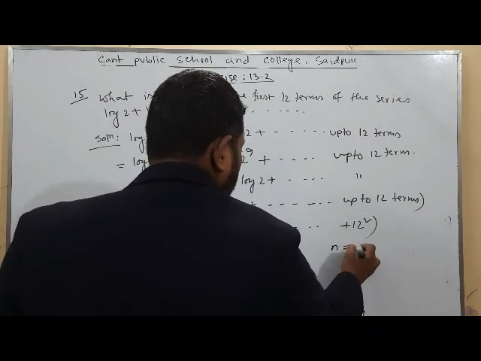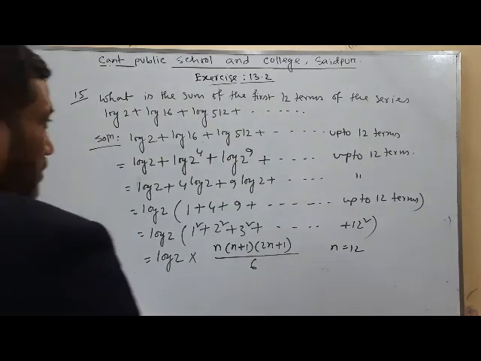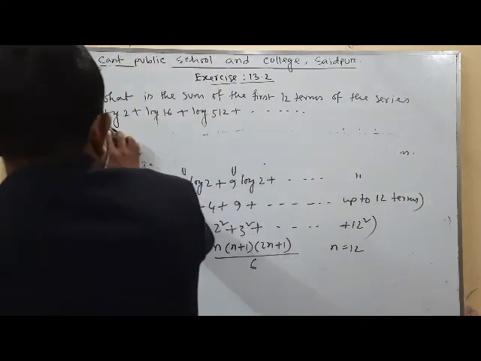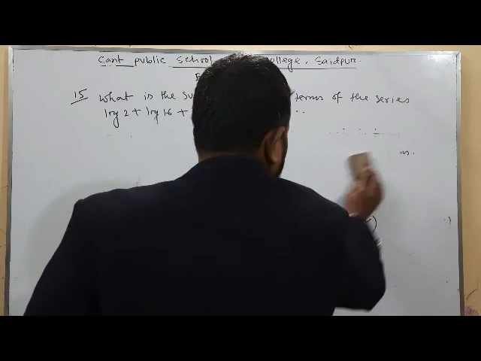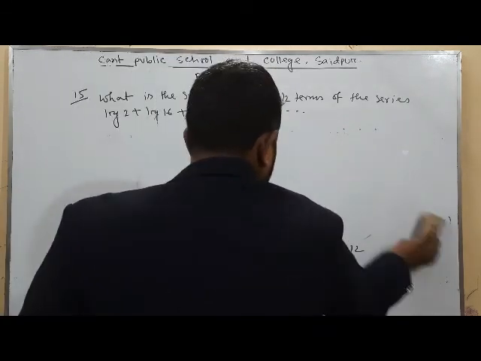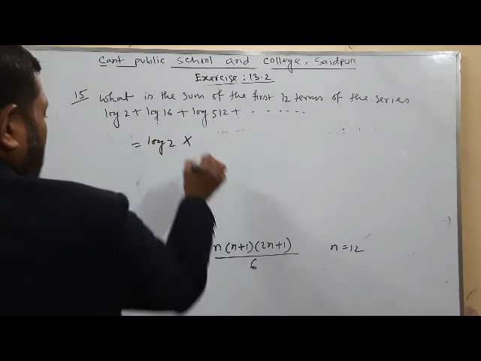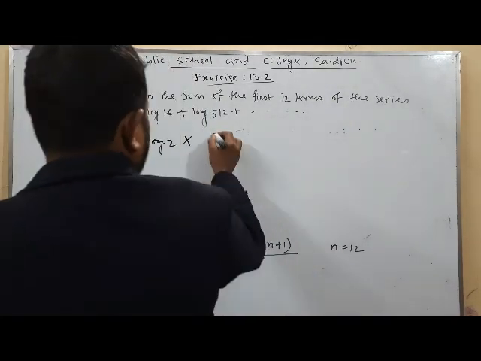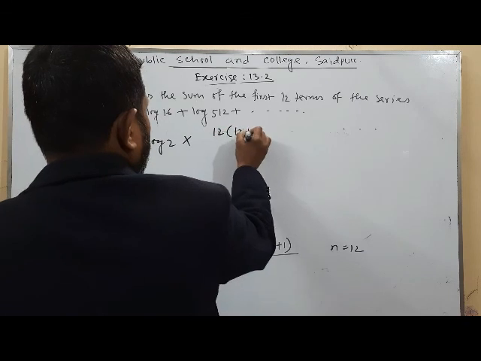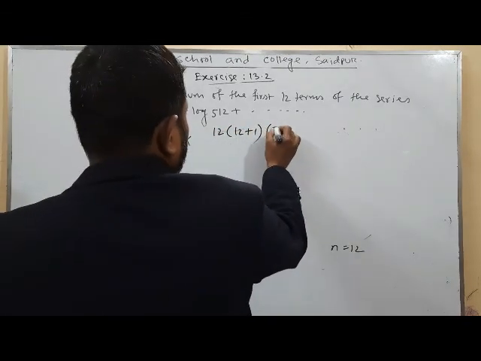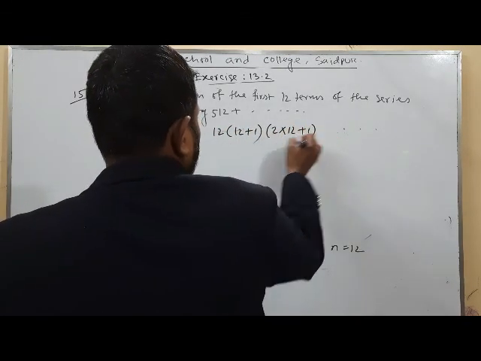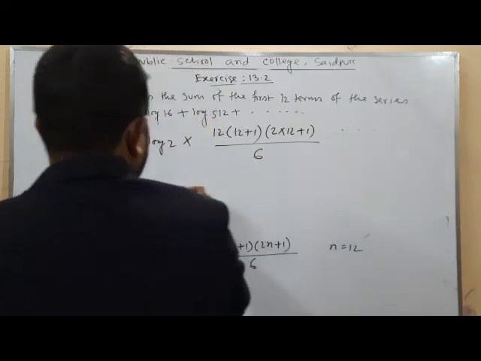Here n will be 12. So log 2 multiplied by 12 into 12 plus 1 into 2 times 12 plus 1 by 6.